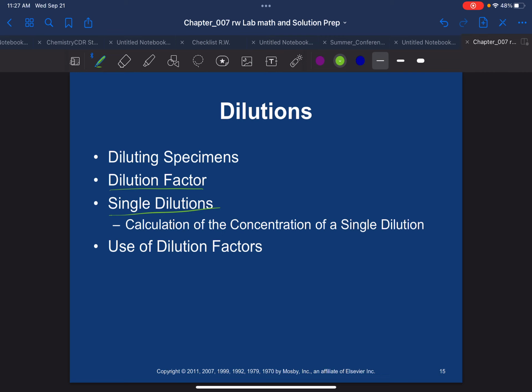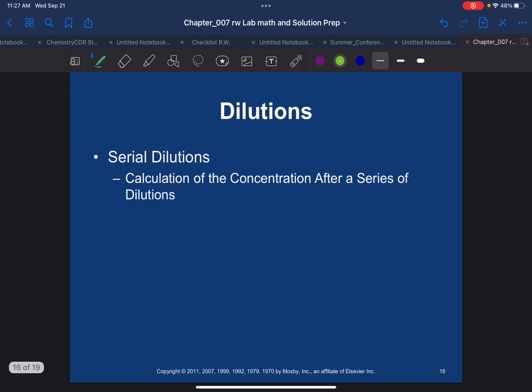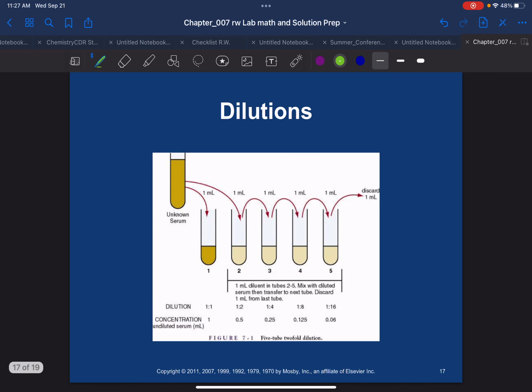We've talked about the use of dilution factors, and we're going to go into that again, but now we're going to talk about serial dilutions. Serial dilutions are a dilution and then you make another dilution. It's the calculation of the concentration after a series of dilutions. So for example, here is our tube. We have an unknown. This is our patient serum right here.